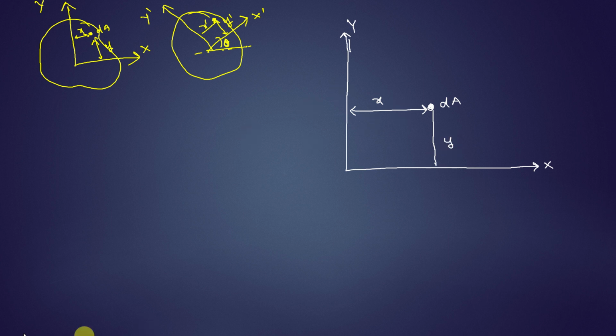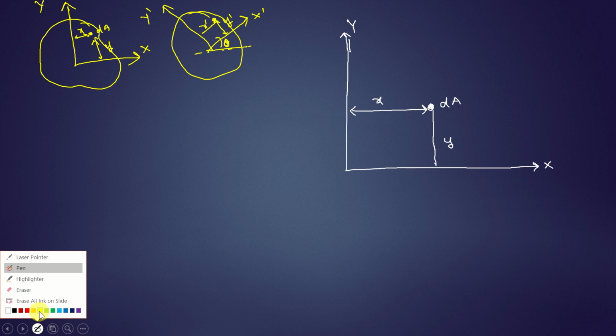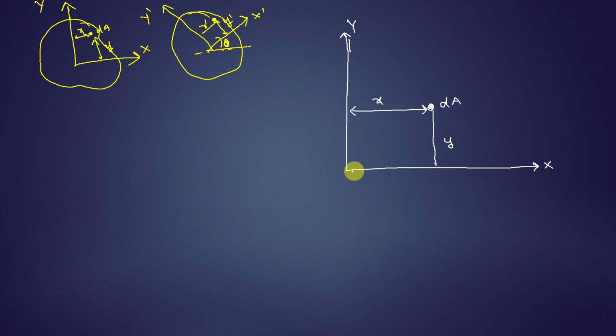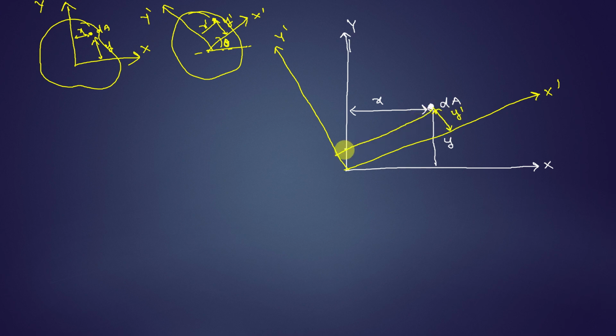Now let me take the new shifted axis with another color. So this is x dash and this is y dash. Okay, and the new coordinates will be y dash and this will be x dash, right? So we got the new shifted axes and new coordinates, but we have to find the values of these new coordinates in terms of the known old coordinates.